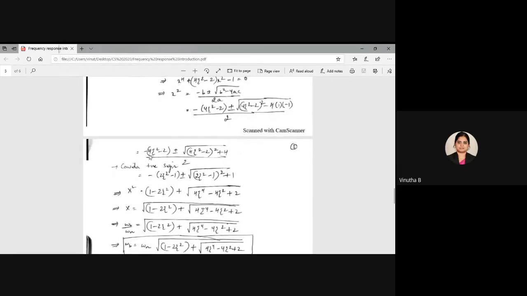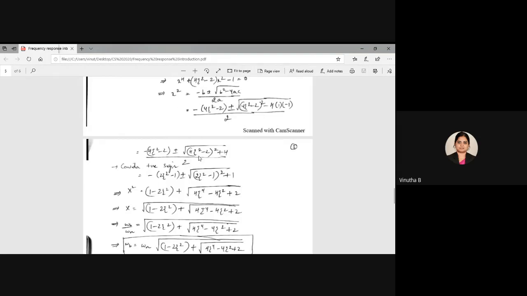Then just simplify further, which will give you minus 4 zeta square minus 2 plus or minus square root of 4 zeta square minus 2 the whole square plus 4 divided by 2. Consider the positive sign. We are going to consider here the positive sign. So this will be minus 2 zeta square minus 1.